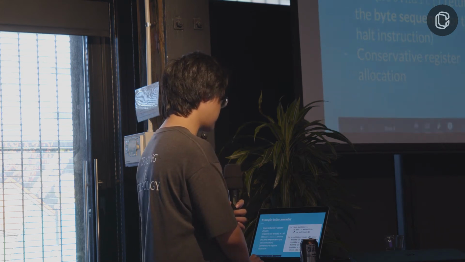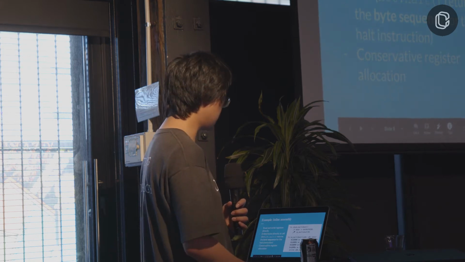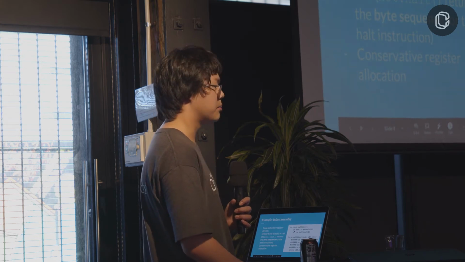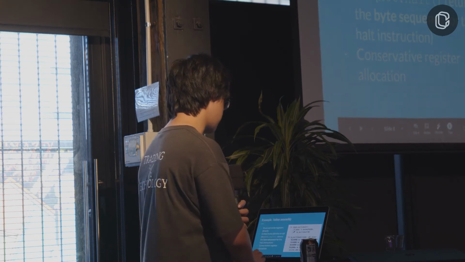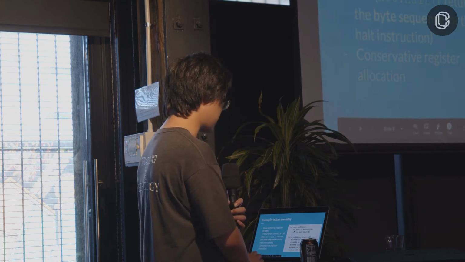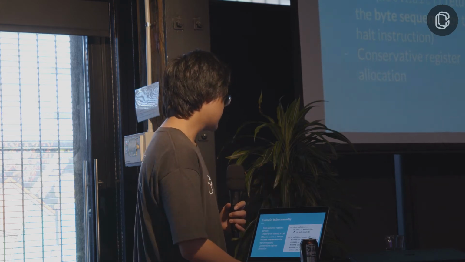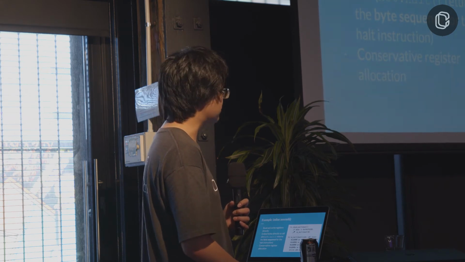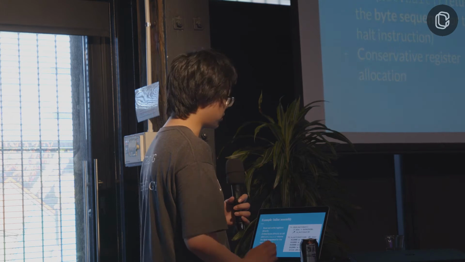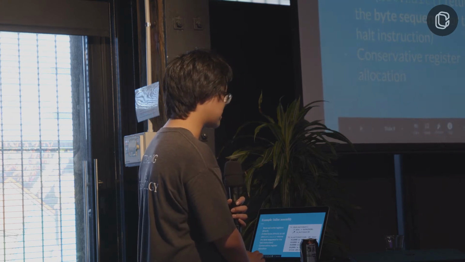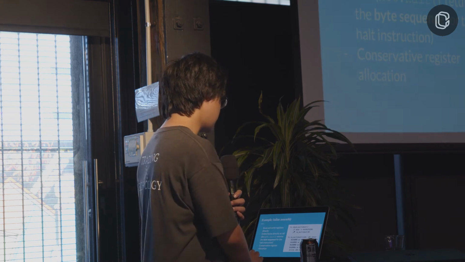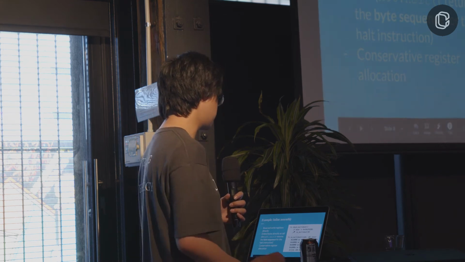So you can just write a function that returns that binary, and then the inline keyword will take that binary and place it directly at that call site. So if you want to say halt, you just do x86.halt, and then you can just inline it. And what that also means is that it's really easy to compose assembly functions as well, right? All you have to do is concatenate, let's say, x86.halt with some other instruction that you want to execute, and put it under an inline. So it just works out.